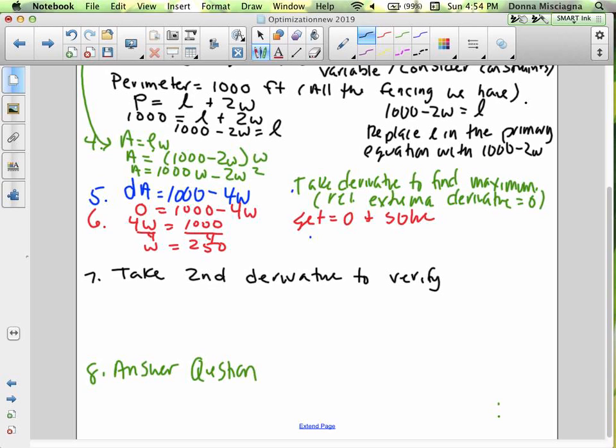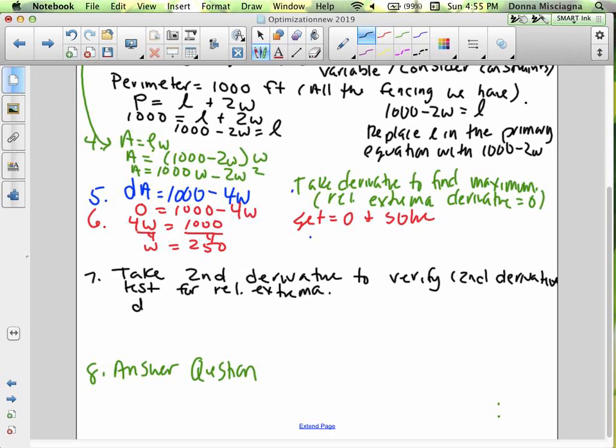And this is the second derivative test for relative extrema. We lost a V in there.